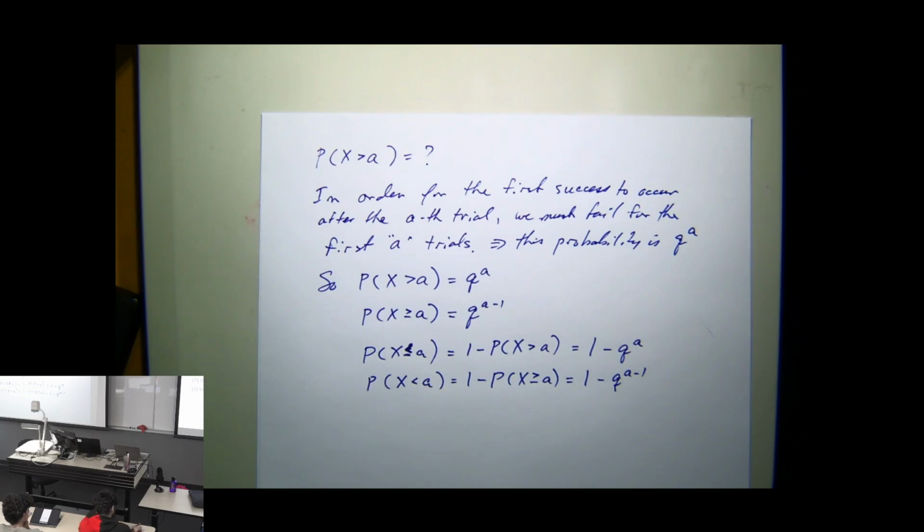Kind of the point here is it's really not about trying to figure out which equation works. It's just thinking of the logic of what is going on. If you toss it at least 8 times, it's going to take at least 8 tosses to get your first success as long as you failed for your first 7 tosses.